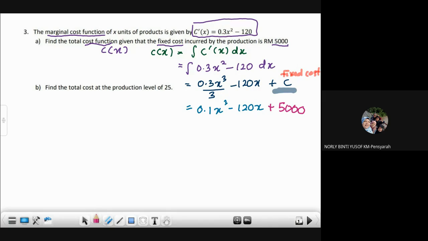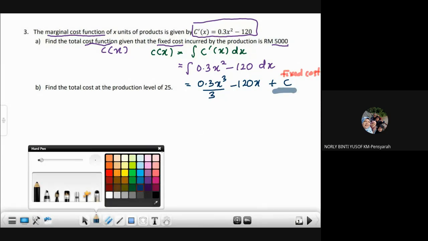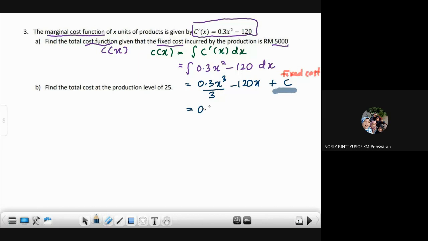Plus 5,000, wait. Ini yang salah tulis. Wait kita simplify dulu. 0.1 x power of 3 minus 120x plus C.